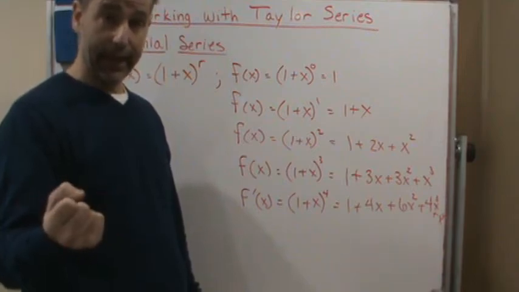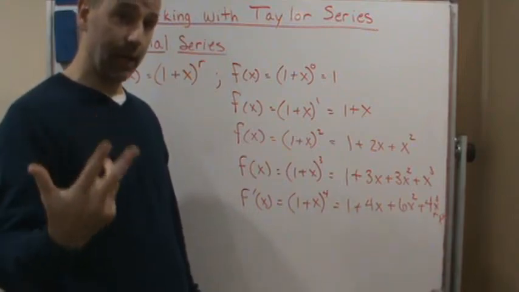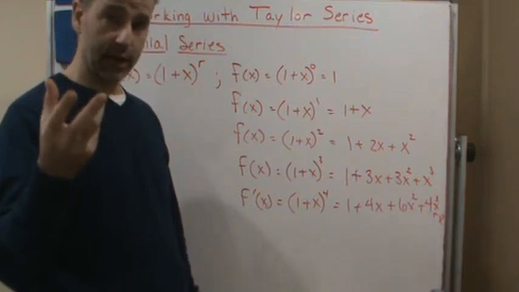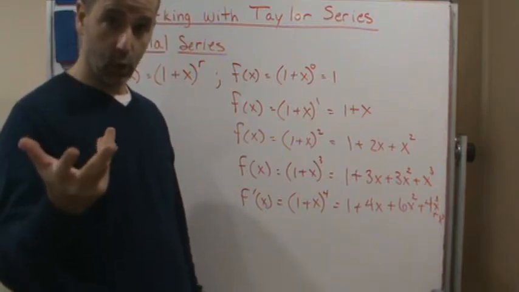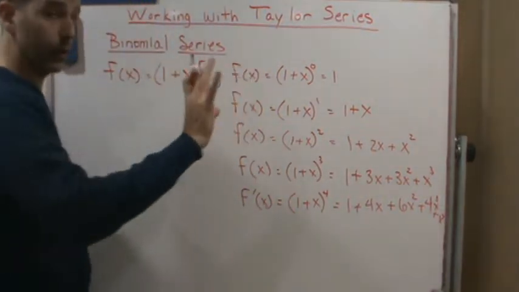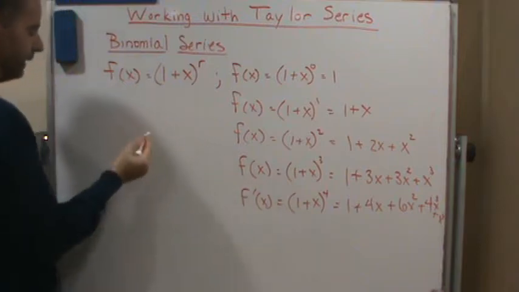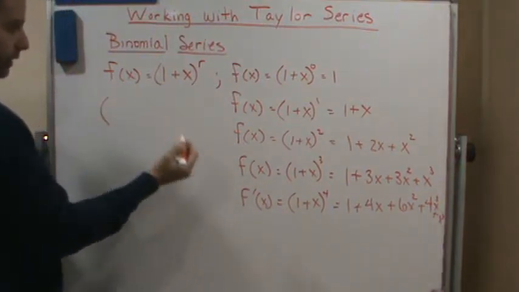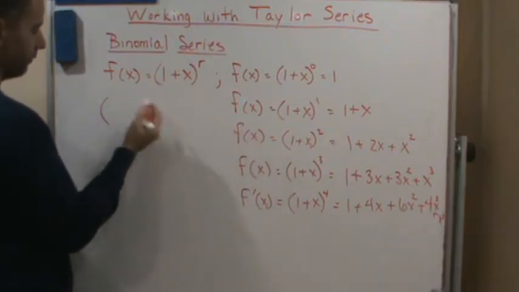And one of the things we say about combinations is that they are actually binomial coefficients. So in general, for non-negative integers, the coefficients are given by this formula.